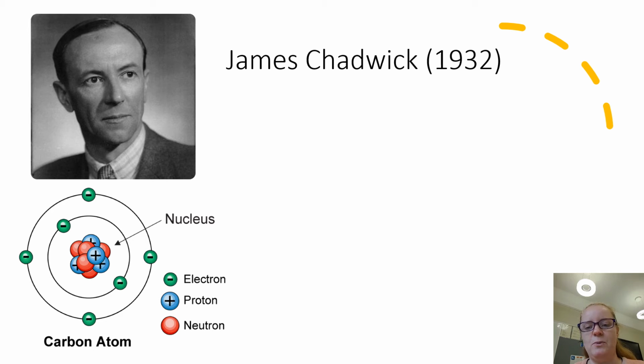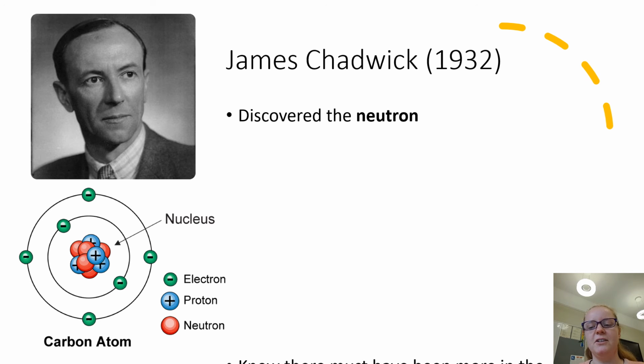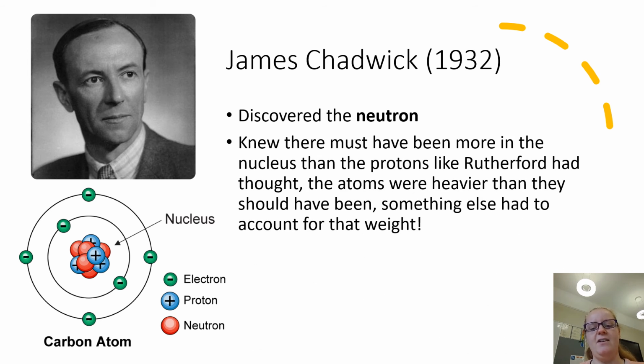So James Chadwick in 1932 discovered what became known as the neutron. He basically looked at all these atoms and said, these are a lot heavier than they should be based on what the protons and electrons that are in them. There is clearly something else there that has to be making up this weight.